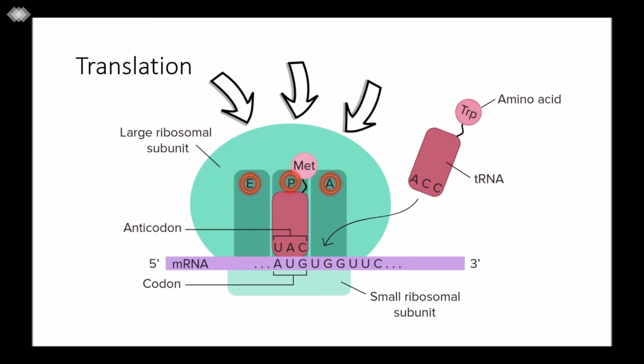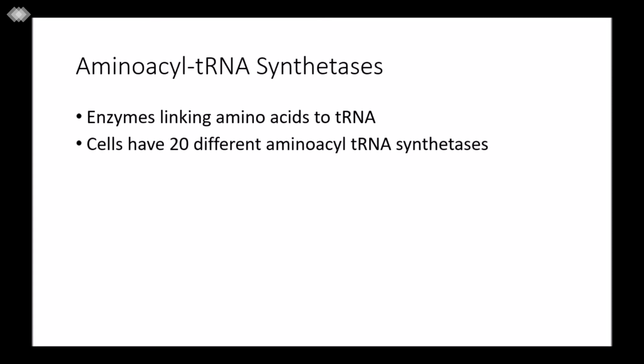Well, in this case, there are going to be enzymes called aminoacyl tRNA synthetases that will be necessary in catalyzing the linkage of the correct amino acids to each corresponding tRNA. Now, cells are typically going to have 20 different aminoacyl tRNA synthetases, one for each of the 20 amino acids used in translation.